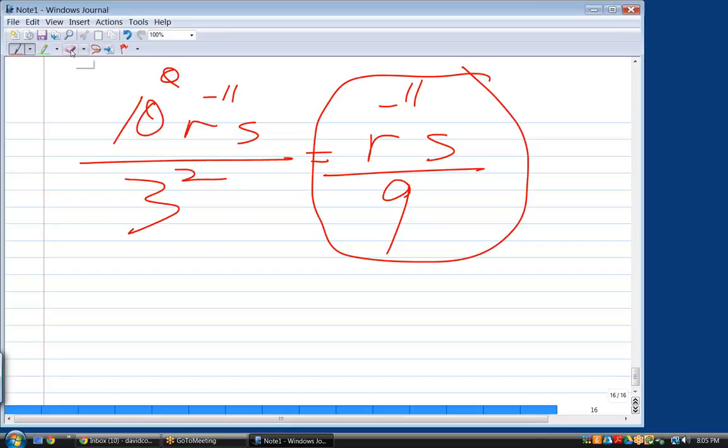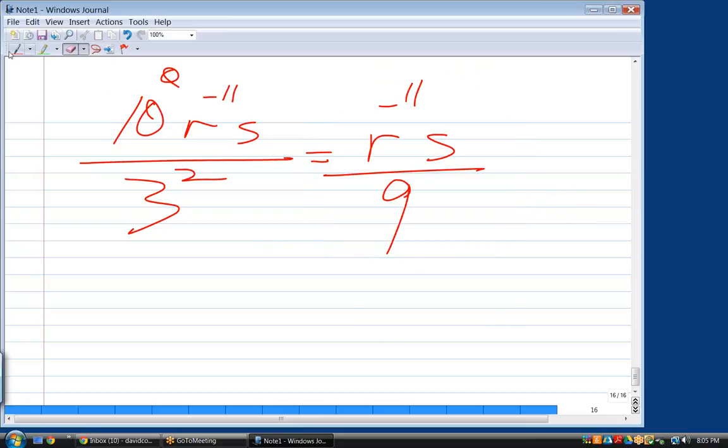Okay, so how do I turn that negative 11 into a positive exponent? You have to put it in the denominator. So it would be rs over 9r to the power of 11. Exactly. The same expression, only now we have nothing but positive exponents.